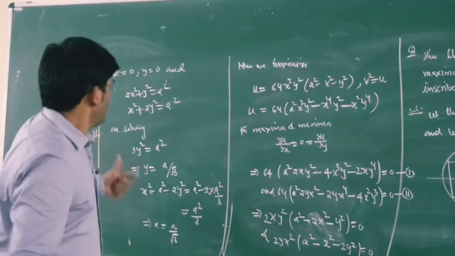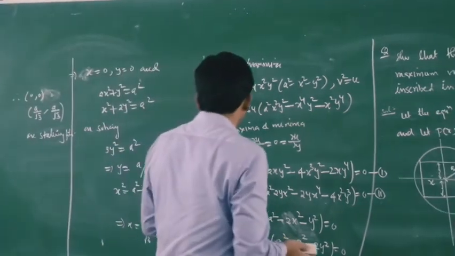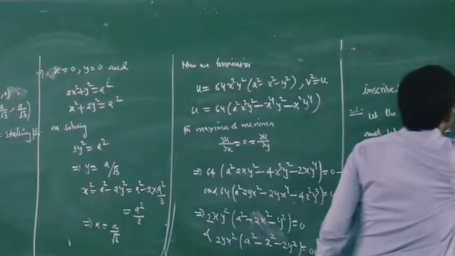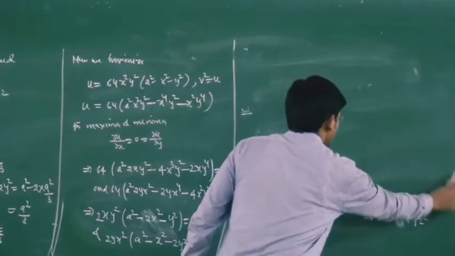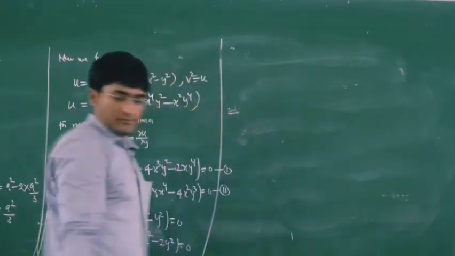Now, with the help of these stationary points, let us calculate ∂²z/∂x², ∂²z/∂y² and ∂²z/∂x∂y. That means r, s and t.